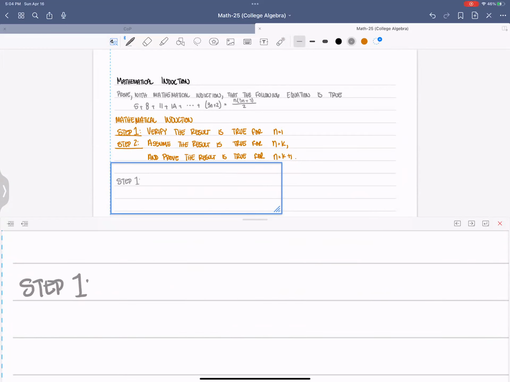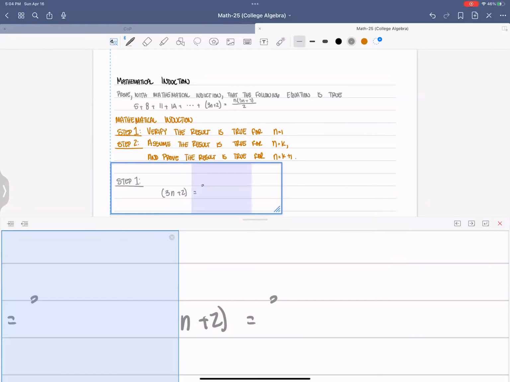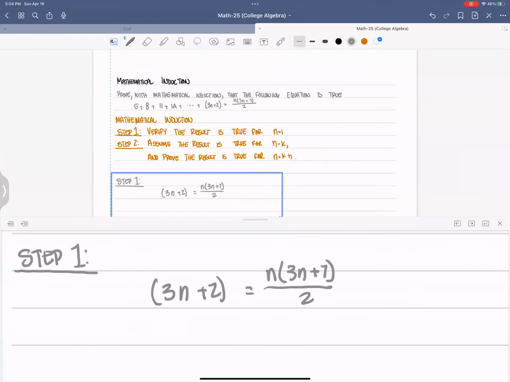So for step one, we're verifying that the first term is true. So what we're saying is 3n plus 2 is equal to n times 3n plus 7 over 2. So we're proving those two true.